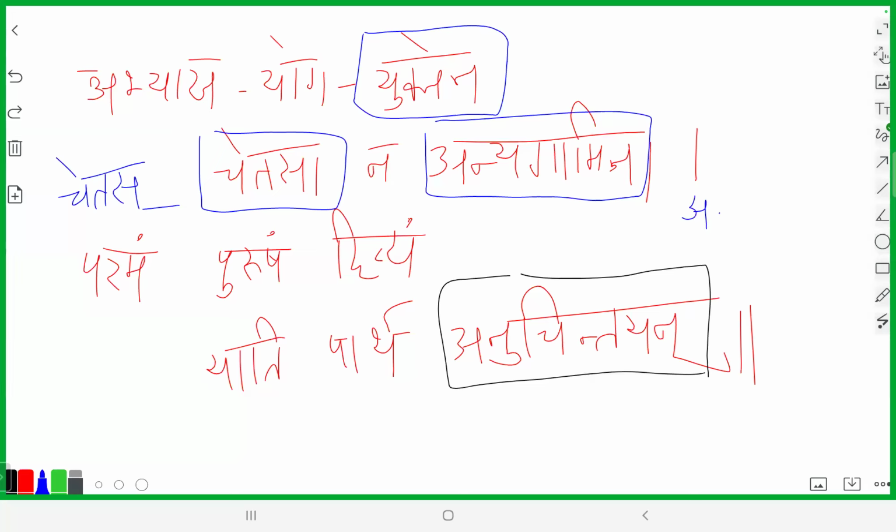Anyagamina. Pratipadikam Anyagamin. The one who has no focus is Anyagamin. The one who is going here, there, everywhere. He doesn't know where to go. Today he goes here, tomorrow he goes there. Okay, no focus.